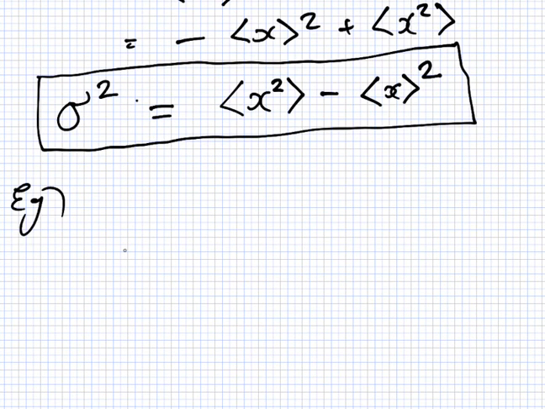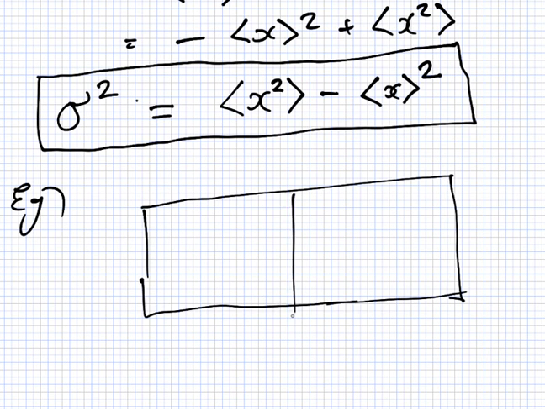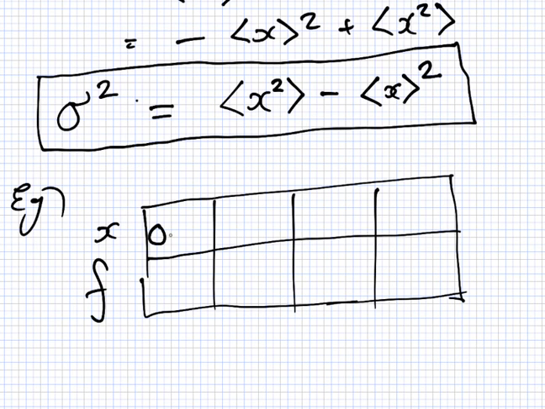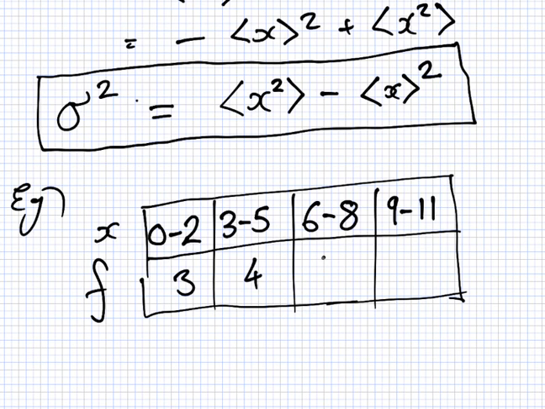So for example, let's say this is 0 to 2, 3 to 5, 6 to 8, 9 to 11. And let's say we have 3 of these, 4 of these, 4 of these, and 2 of these.